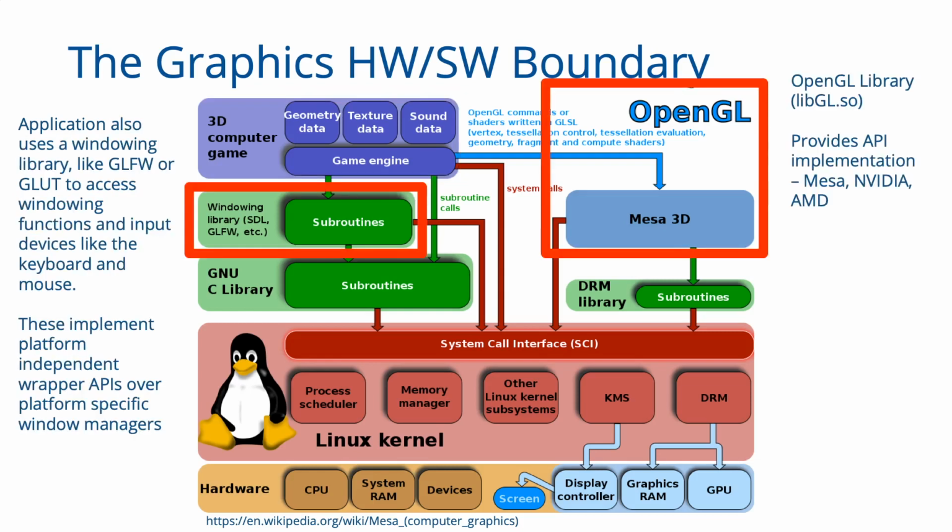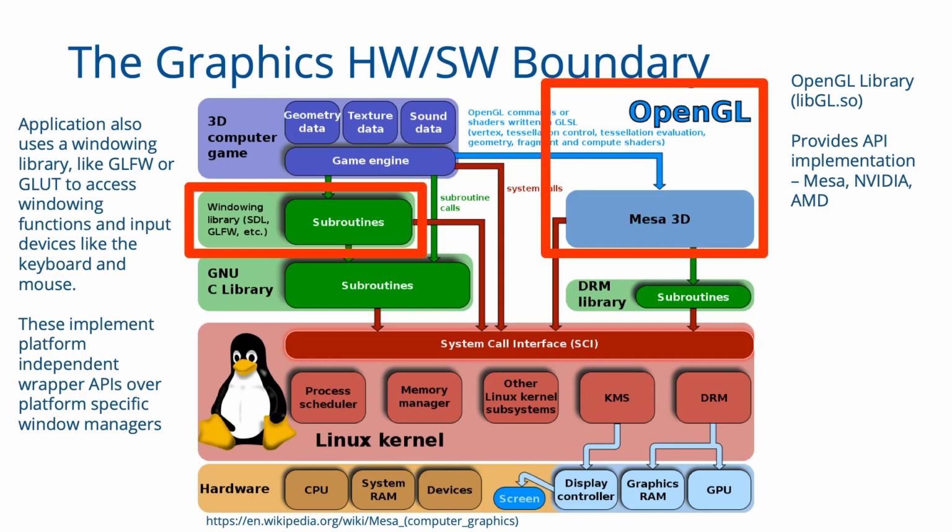And then your application program needs to draw graphics to the screen, so it needs to open a window. Now, windowing on every OS is a platform-specific operation. So there exist libraries like GLFW or GLUT that allow you to access windowing functions and input devices like the keyboard and the mouse in a platform-independent manner.